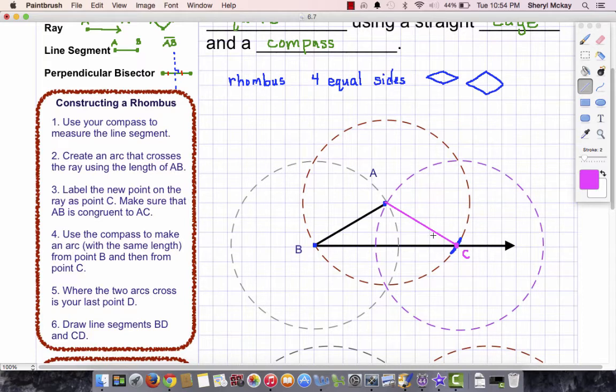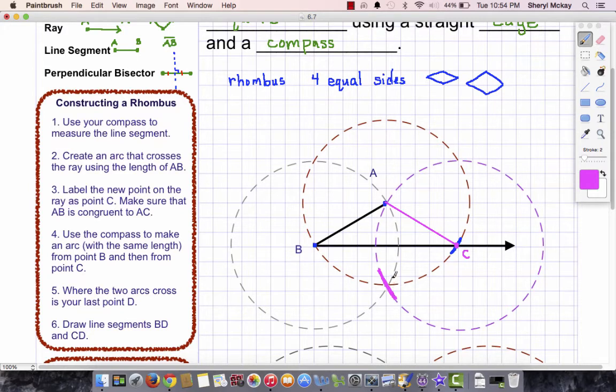So now we need to make our point D, and the way that we're going to do that is we're going to keep our compass at that same distance, and you might want to double check it. Put your point on the C and go up and measure with the pencil to A. And now, do you see this purple circle right here? You're going to follow it around, and start making your arc right about there.